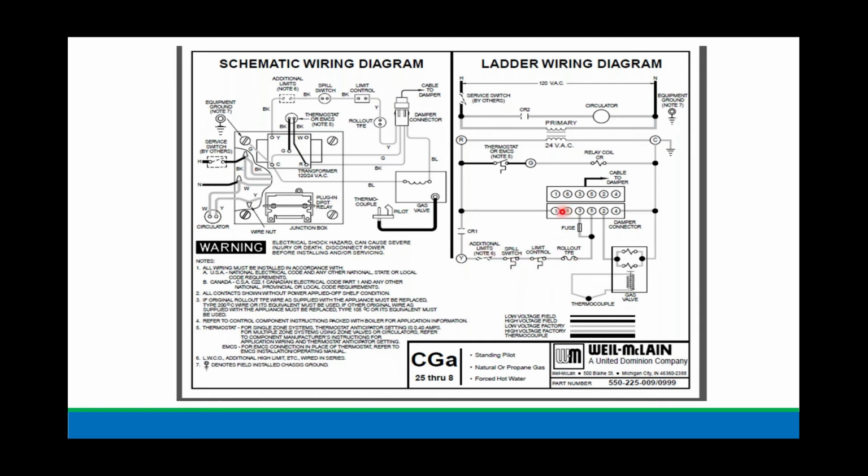All right? So what happens here? Once we close the thermostat and we energize the CR coil, CR1 will close, CR2 will close. So first thing you'll hear is the circulator is going to come on to establish flow. Once power starts going through all those normally closed switches, we energize the vent damper motor.